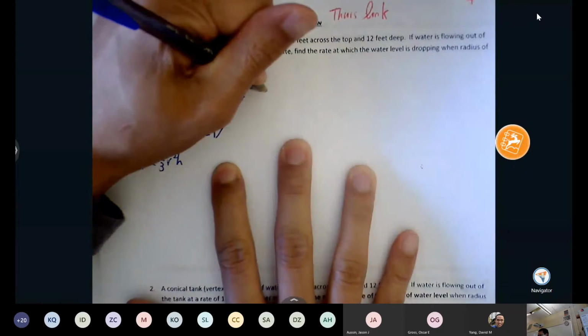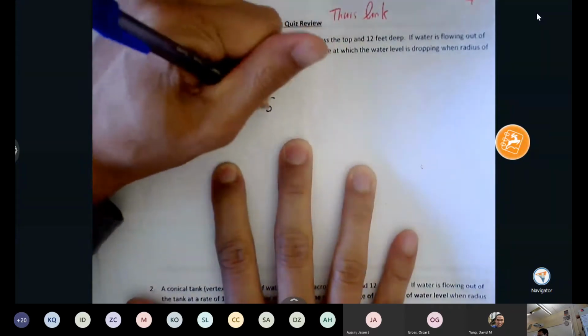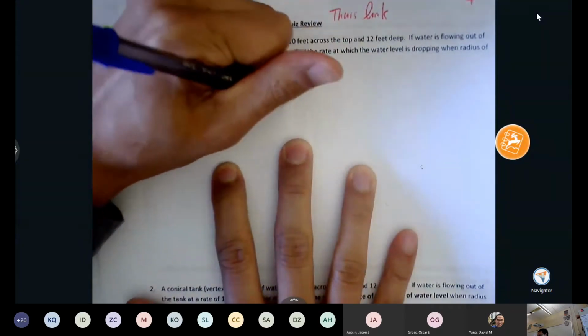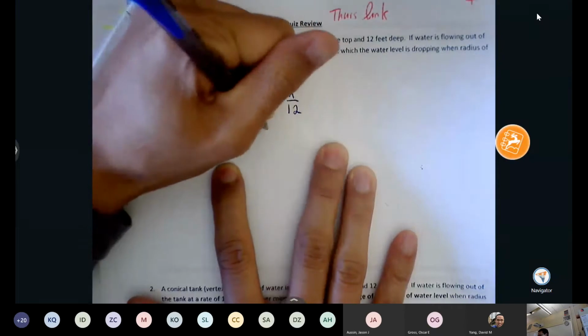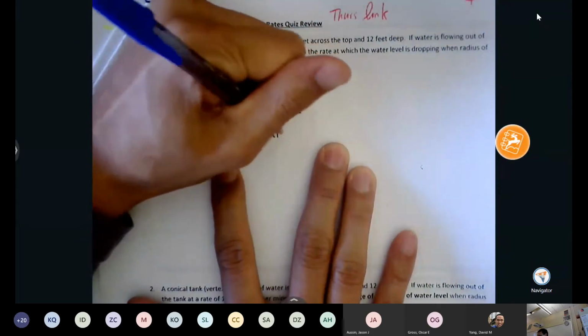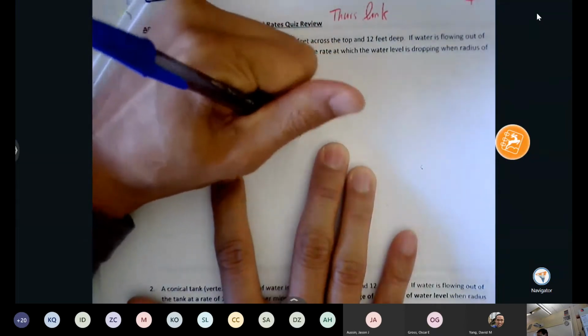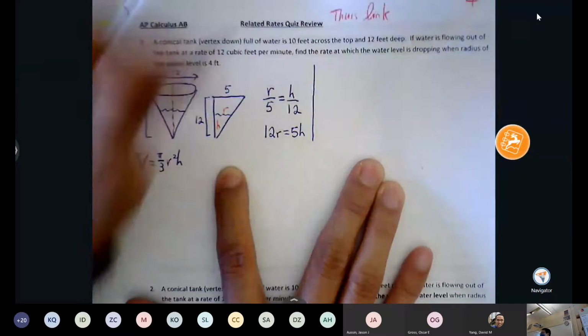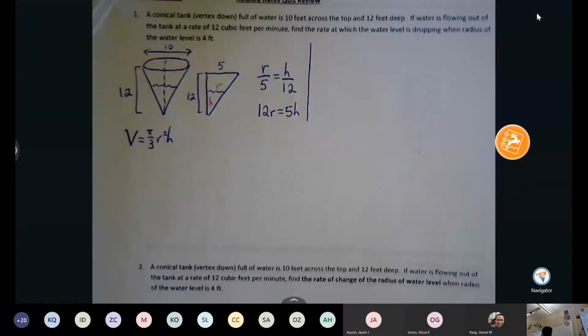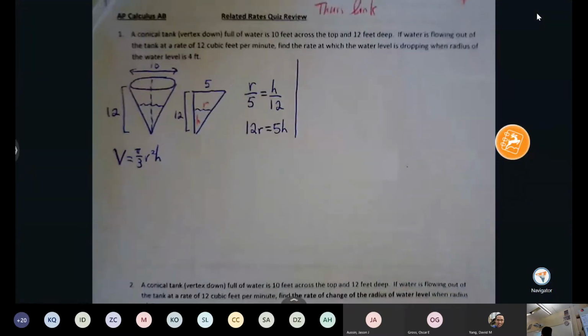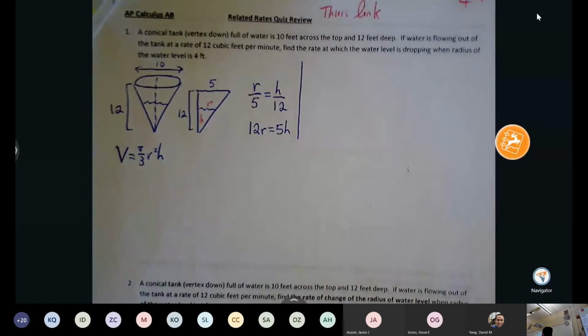Okay, proportions here. Okay, pretty much identical, right? Same dimensions, same equation, same proportions.